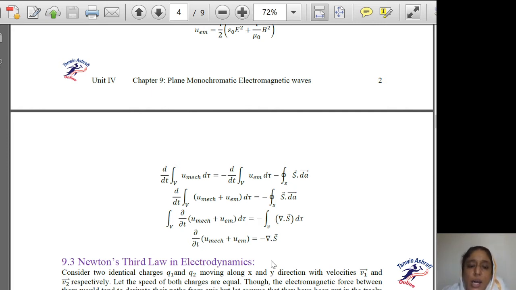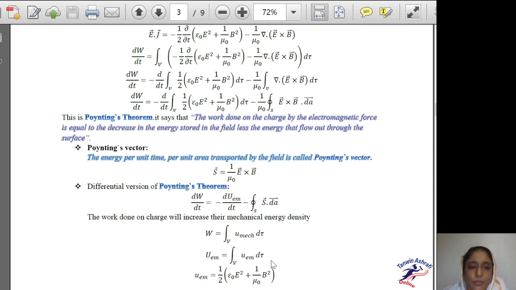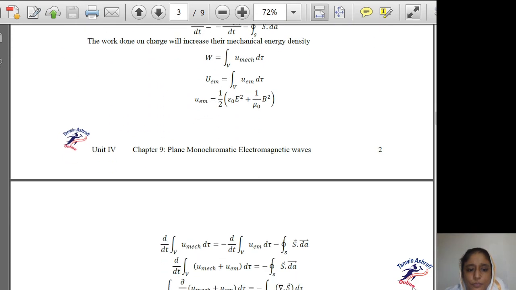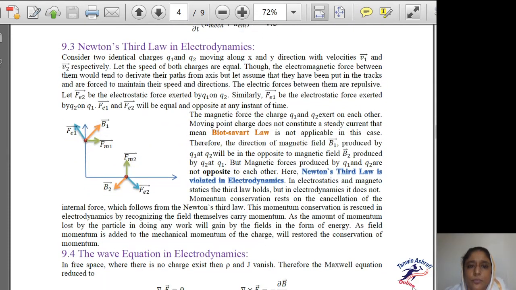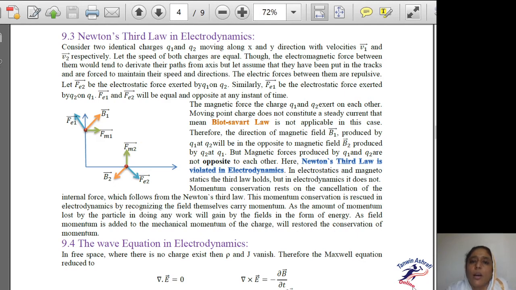Newton's third law in electrodynamics. Now consider two identical charges Q1 and Q2 moving along the x and y axis direction with velocity v1 and v2 respectively.